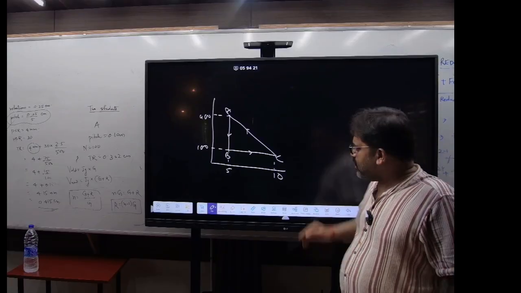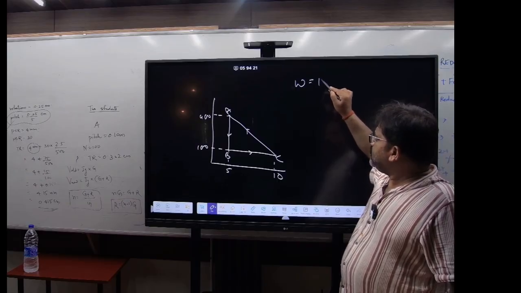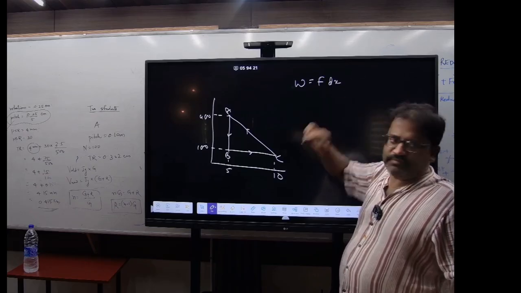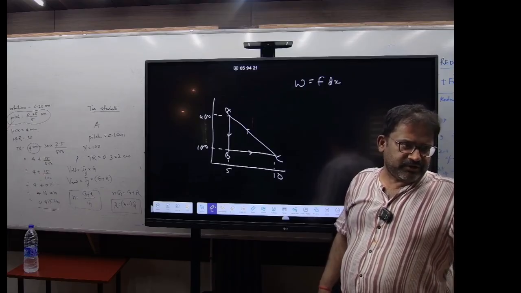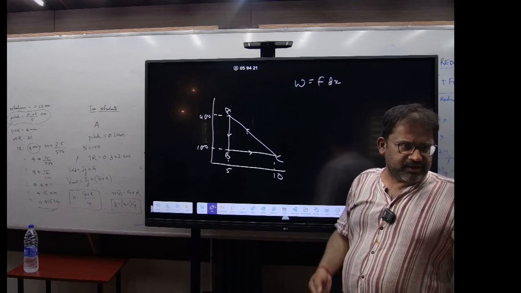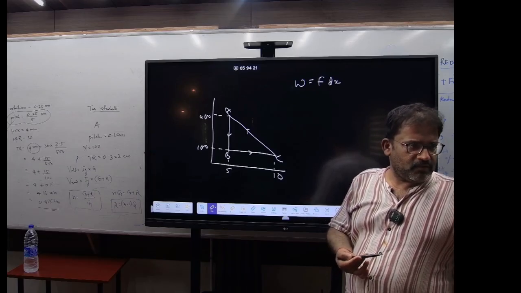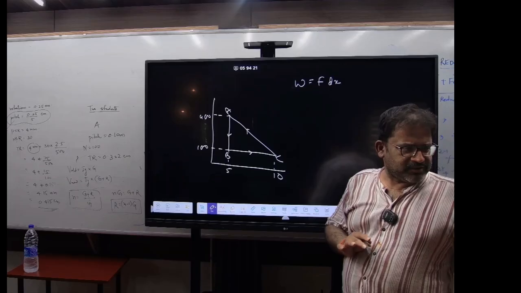So work done is the scalar product of force and displacement, that will be F dx cos theta. Theta is equal to 0 degree. So what is cos 0 degree? 1.